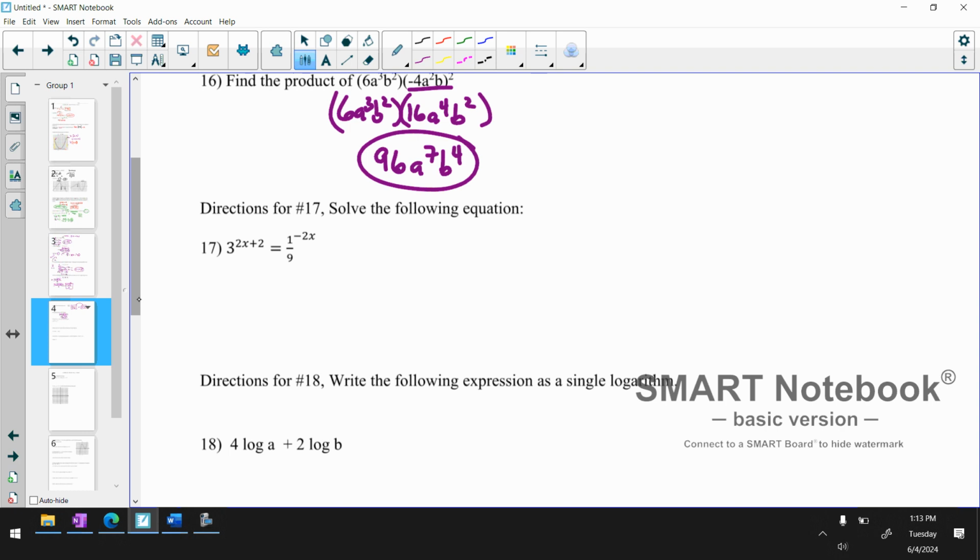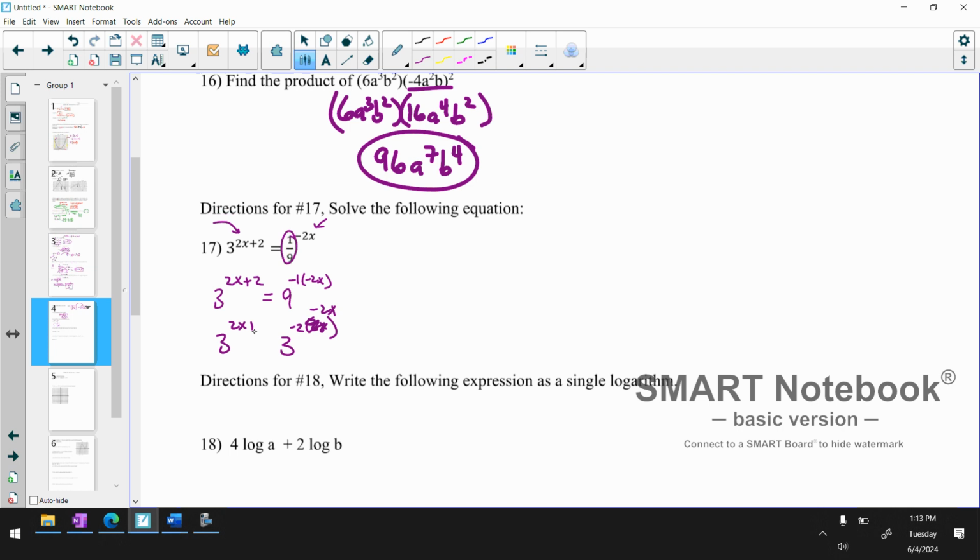Ooh, this one's ugly. This is variables in the exponent. Common bases or logs, right? Once it gets ugly, 3 and 1/9, I'm going to do it common bases. First thing we do, anytime you have a fraction, rewrite it using a negative exponent. So negative 1 times negative 2, so that gets me 2x. All right, I'm going to take that 9 and rewrite it as 3 squared times negative 1 is negative 2. That's negative 2.